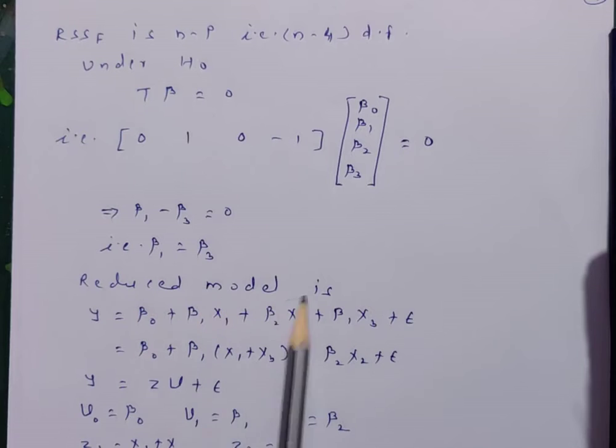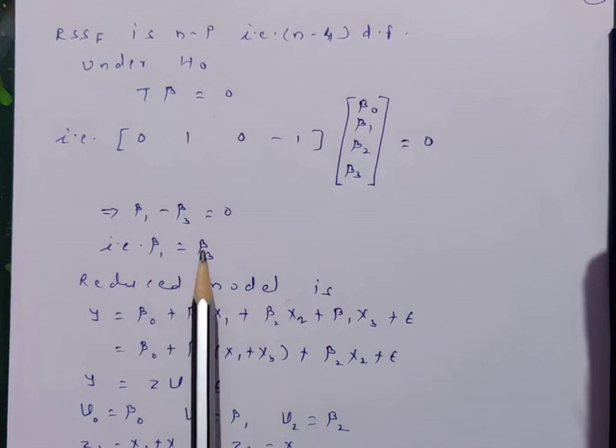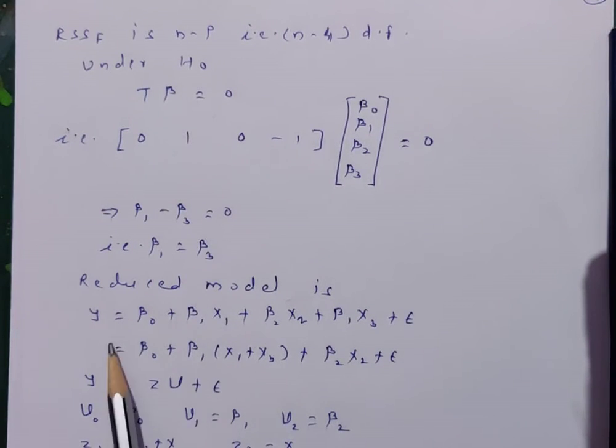So under H naught we can reduce our model by putting the value of beta 1 as beta 3. Hence my reduced model is y is equal to beta naught plus beta 1 x1 plus beta 2 x2 plus, instead of beta 3, beta 1 x3 plus epsilon.